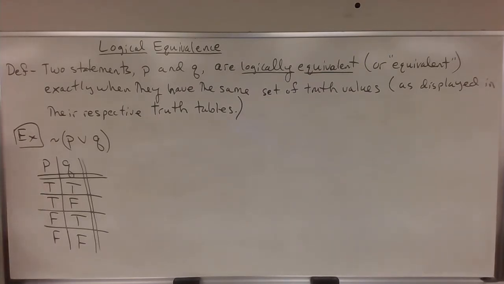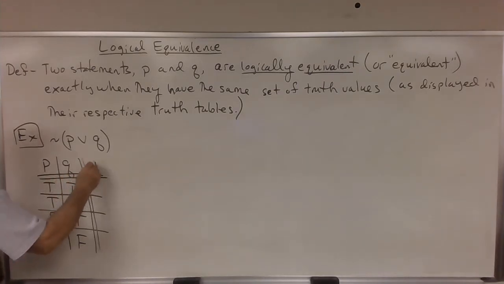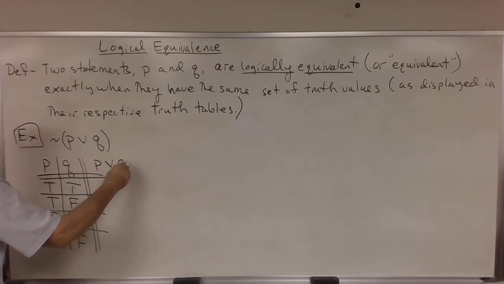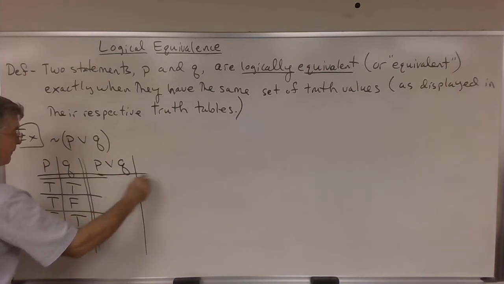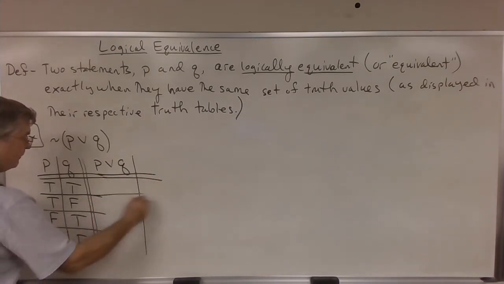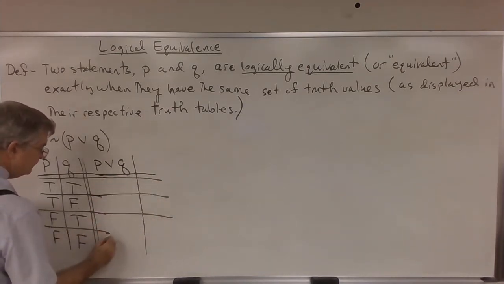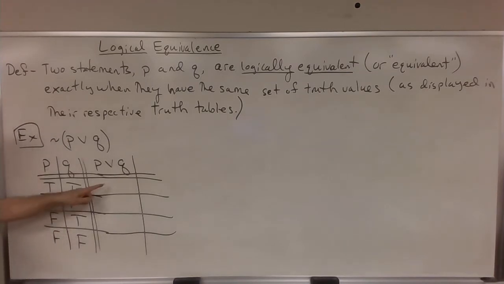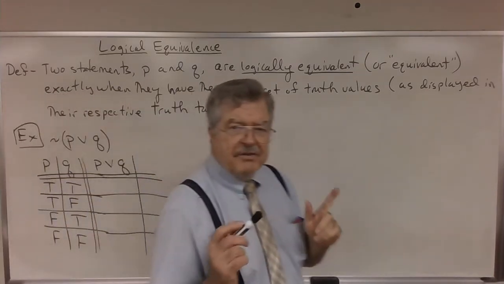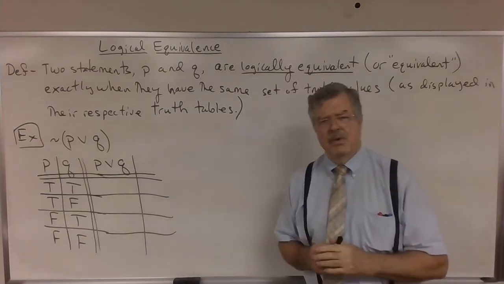Now let's see. We want the truth values for not (P or Q). So the first thing we have to do is get the truth values for P or Q. This is an OR statement. What's the special case for an OR statement?